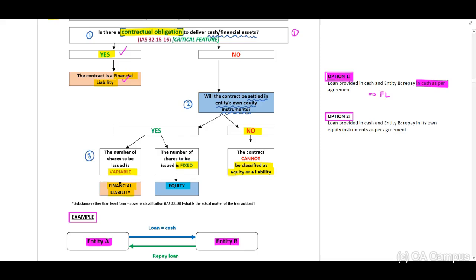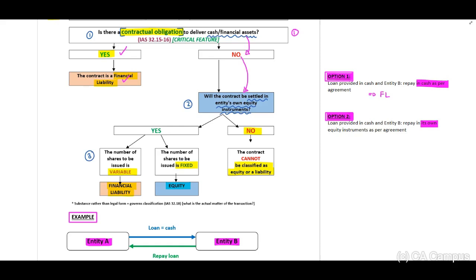Option number 2. The loan is provided in cash and entity B repays the loan in its own equity instruments. Therefore, when we ask question 1, is there an obligation to deliver cash or financial assets? Our answer will be no. Next question.